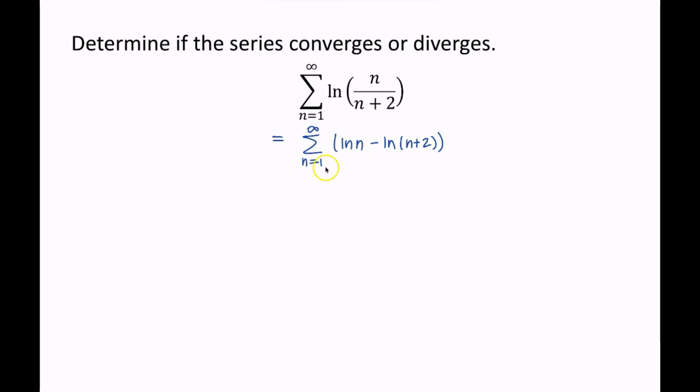So let's go ahead and start to substitute in our starting index and recognize that pattern. Here we're going to have natural log of 1 minus natural log of 1 plus 2, so natural log of 3 there. Plus, now we're going to substitute in 2 next.